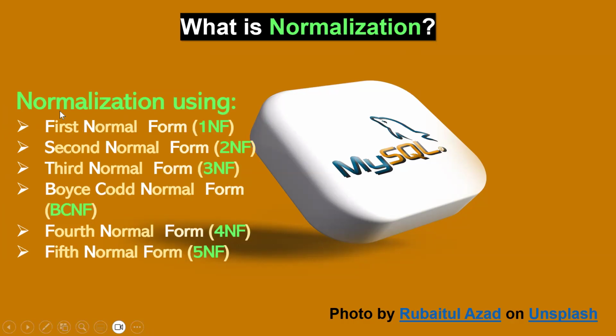The process of normalization has 5 different normal forms, which are called first normal form, second normal form, third normal form, Boyce-Codd normal form, which is similar to third normal form, fourth normal form, and then fifth normal form. When a database is in fifth normal form, then you have no insertion, update, or deletion anomaly.